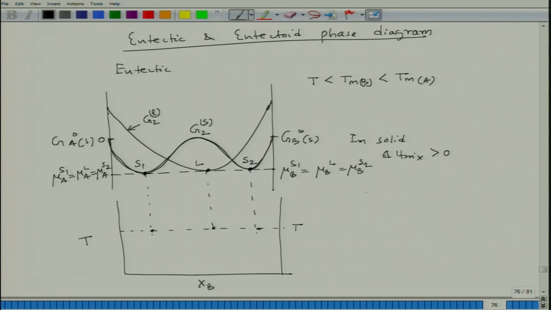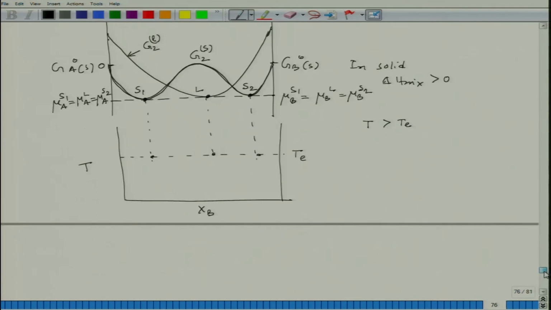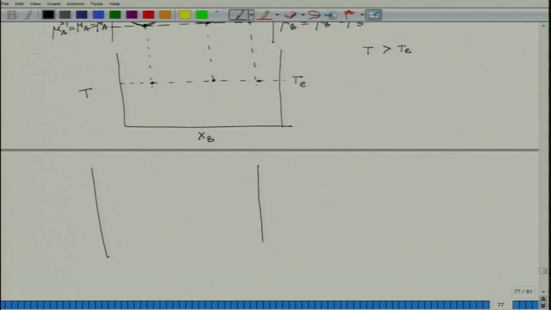Now, if I try to see a temperature which is greater than, let us say this temperature is TE, then the situation could be like this. So, here I have a common tangent and there is one more common tangent.